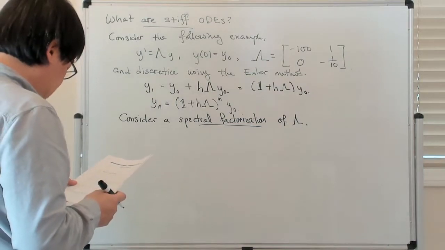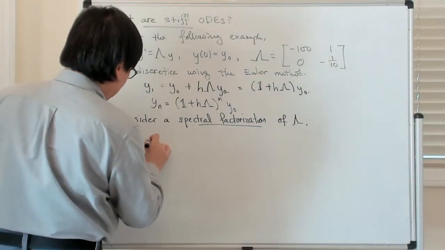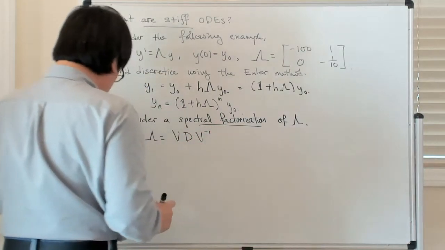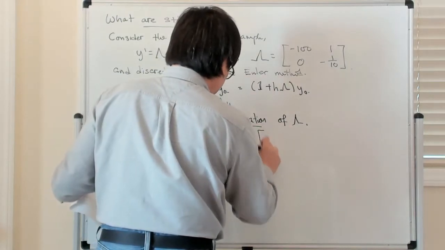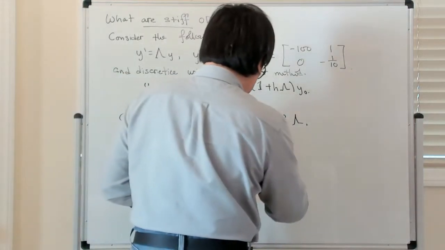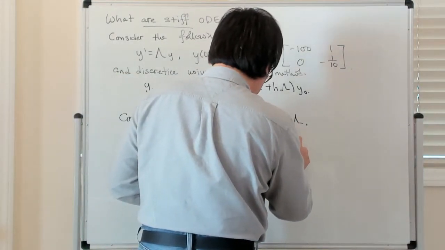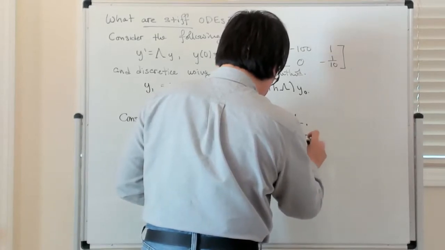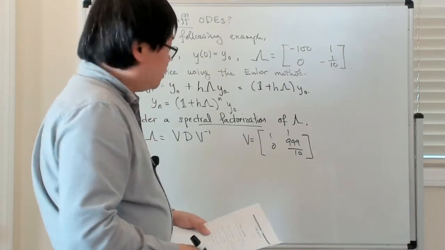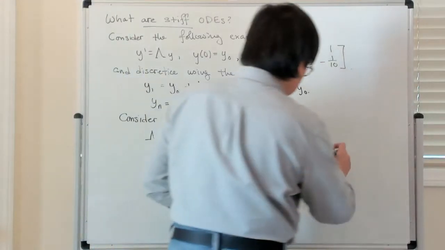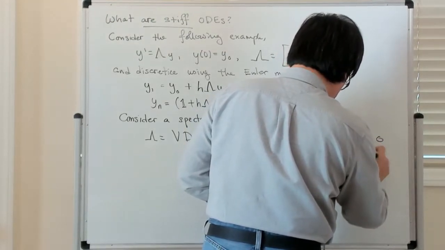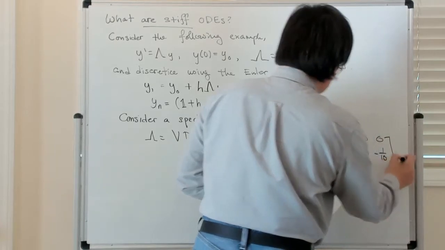So you get that lambda is equal to V D V inverse, where V is the matrix composed of the eigenvectors, which looks like 1, 0, 1, 9, 9, 9 over 10. And then D is the diagonal matrix consisting of the eigenvalues of lambda, so D is equal to minus 100, 0, 0, minus 1/10.